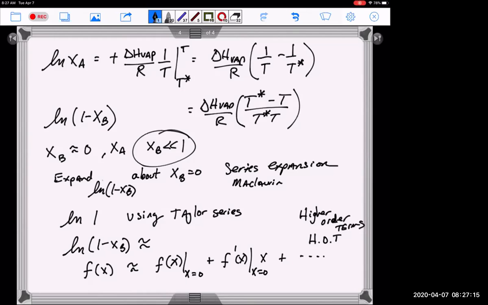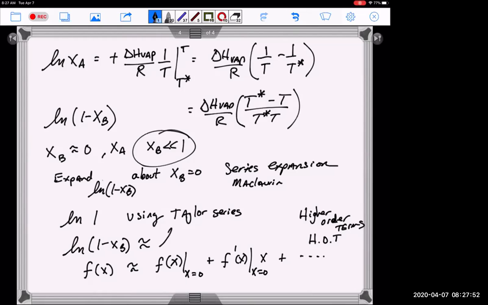It's just a way to say terms that we're not interested in right now. When you look at Taylor series or Maclaurin series for these types of formulas, we're really only interested in the first two terms. Obviously, to get more accurate results, we might include a third term, but for the derivation of this result, we're only going to use the first two terms.